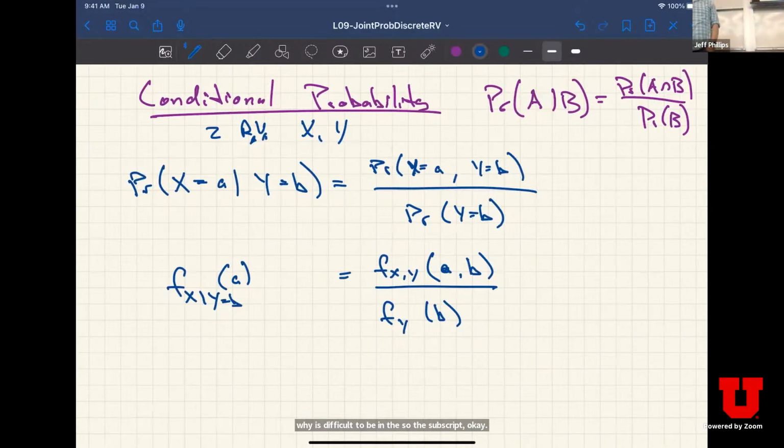And so this would be the definition of the conditional PDF of x conditioned on y equal to B.